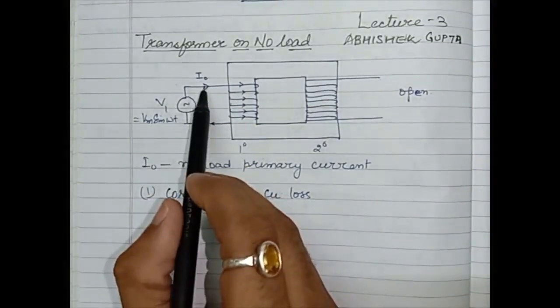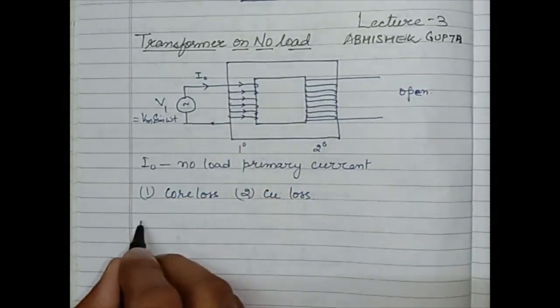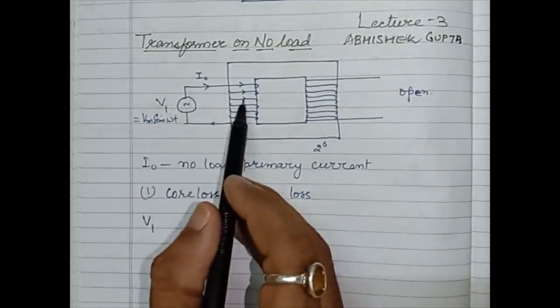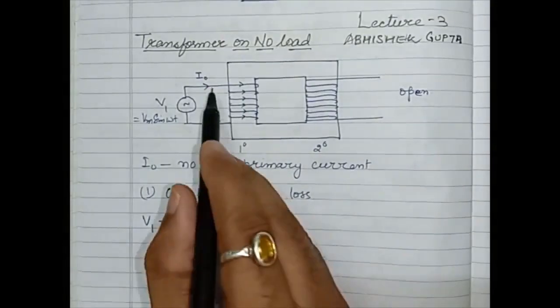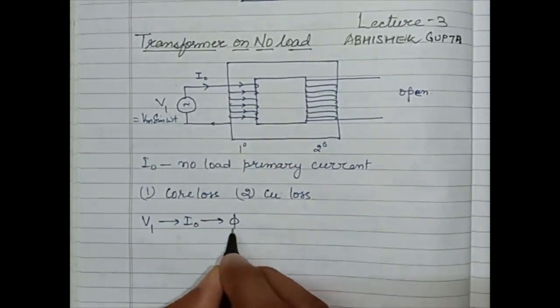When voltage V1 is applied to the primary winding, there is a flow of current I naught, and because of this I naught flowing into the winding, it sets up a flux phi.